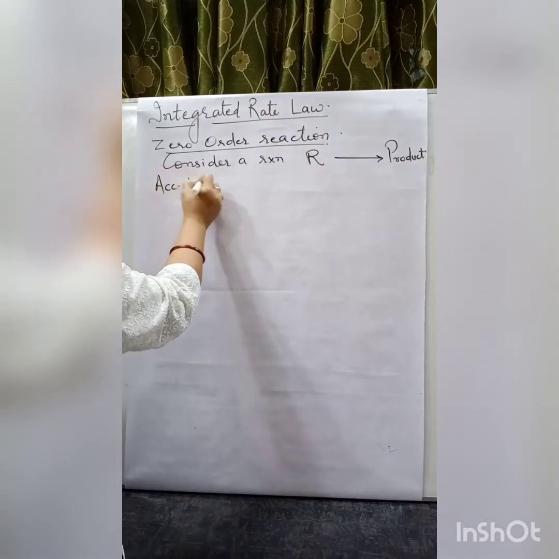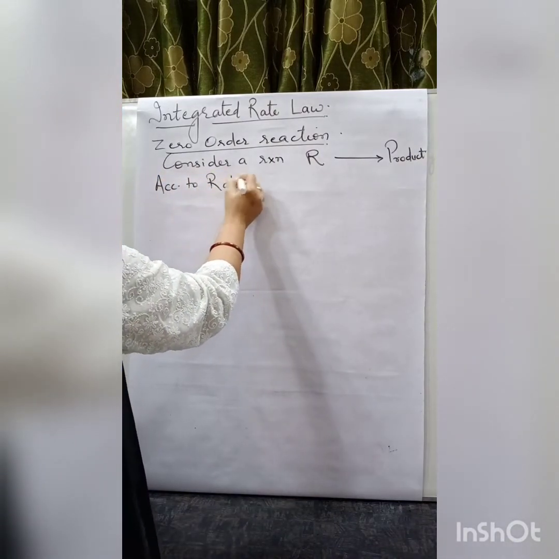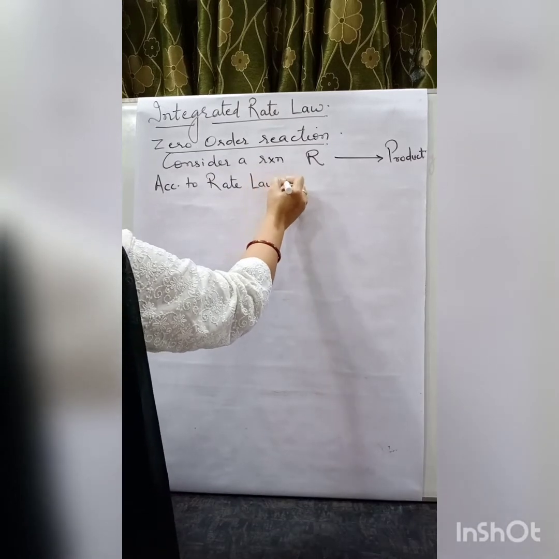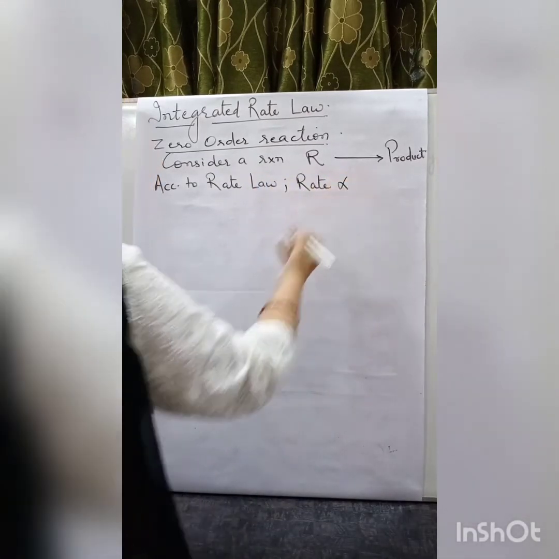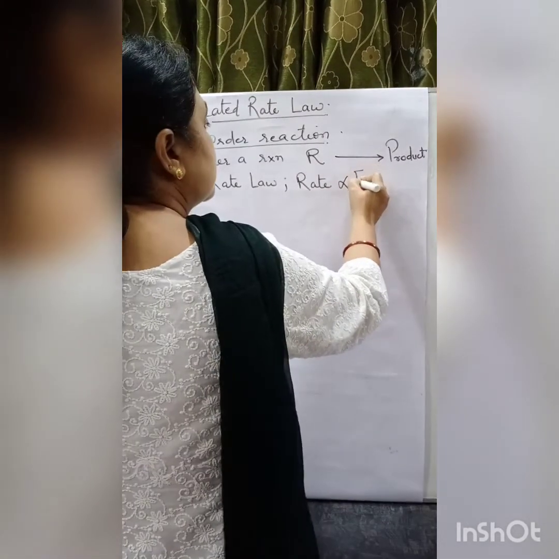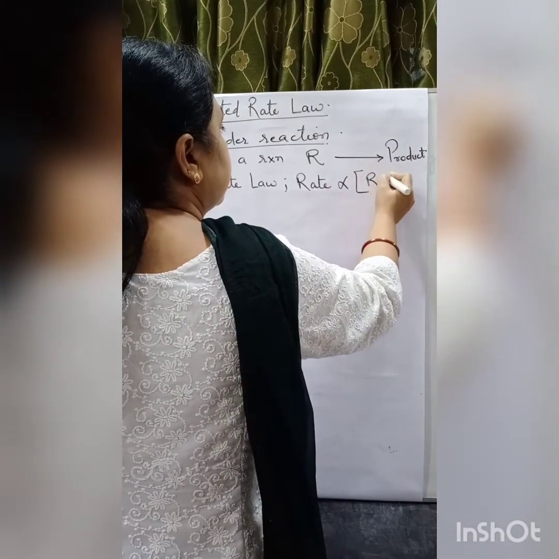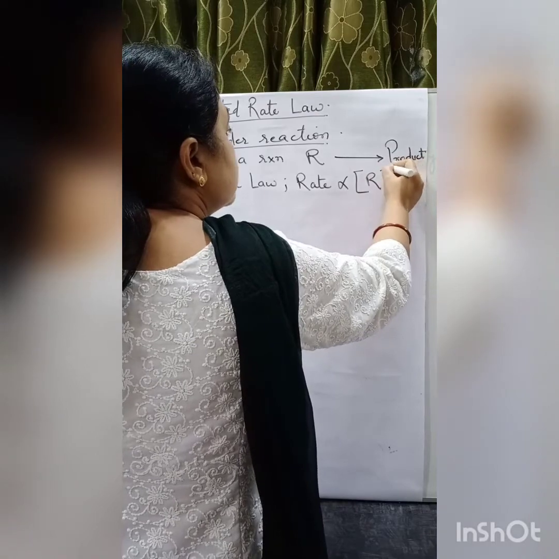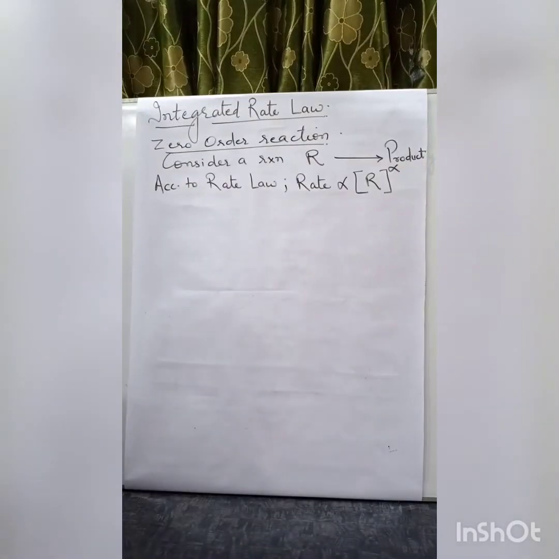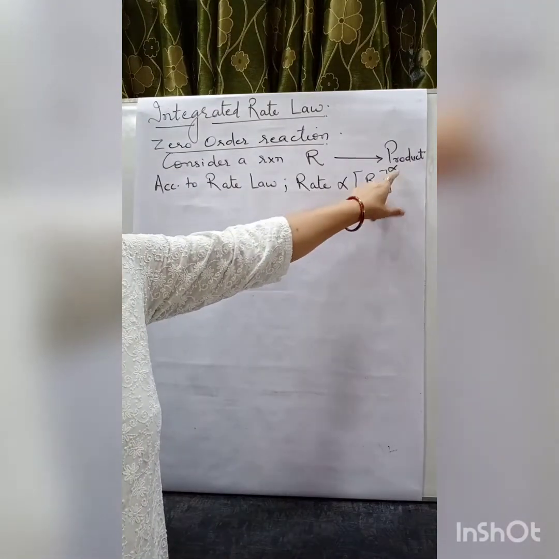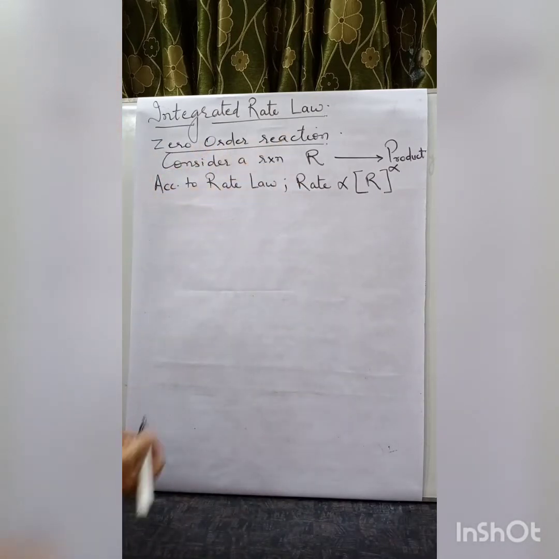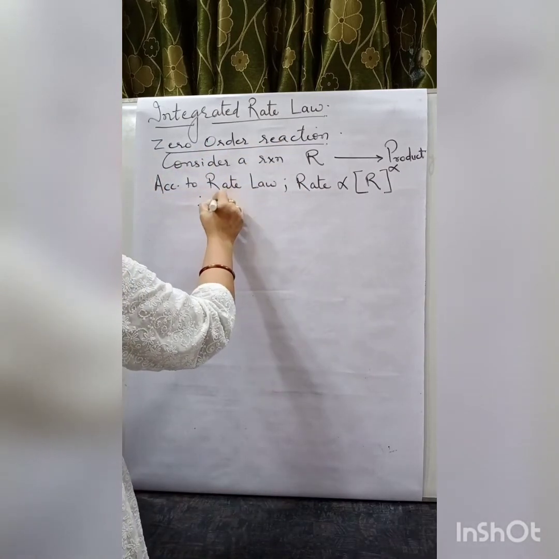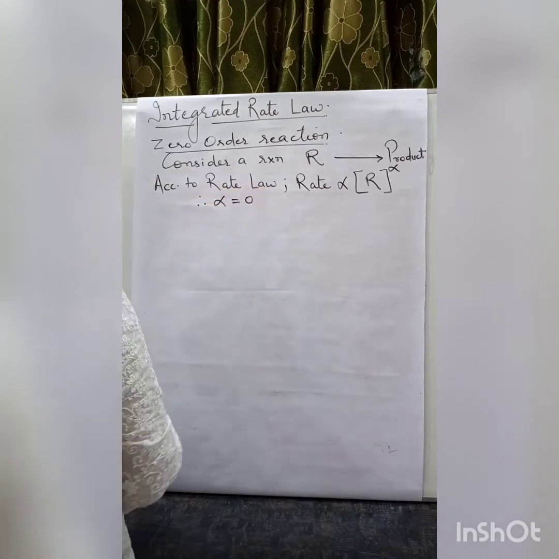According to rate law, the rate of reaction is directly proportional to the concentration of reactant. Here the reactant is R raised to alpha, the concentration term, which is determined experimentally. Since the order of reaction is 0, alpha is 0.